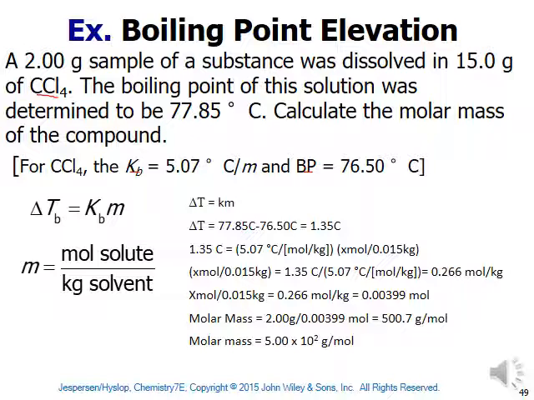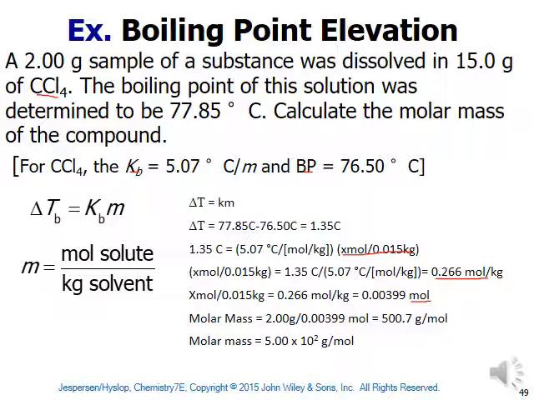So I changed molality to moles per kilogram, times x moles of our unknown divided by the 15 grams, which is 0.015 kilograms. Okay, so what I'm going to do is solve for this here. So multiply both sides by 5.07, and I end up getting x moles equals 0.266 moles per kilogram, which is 0.00399 moles.